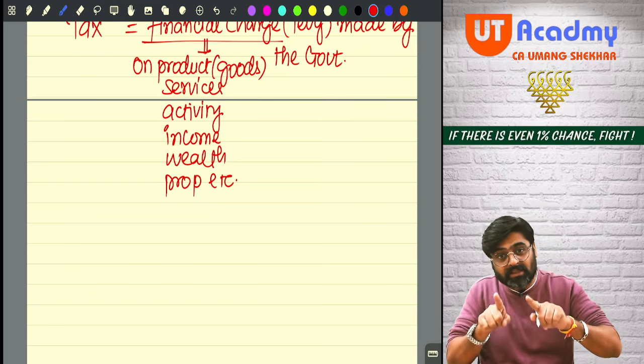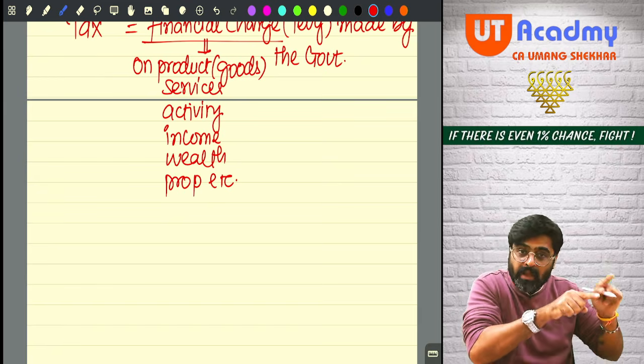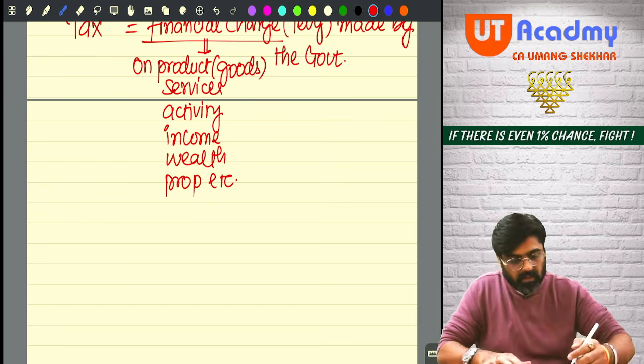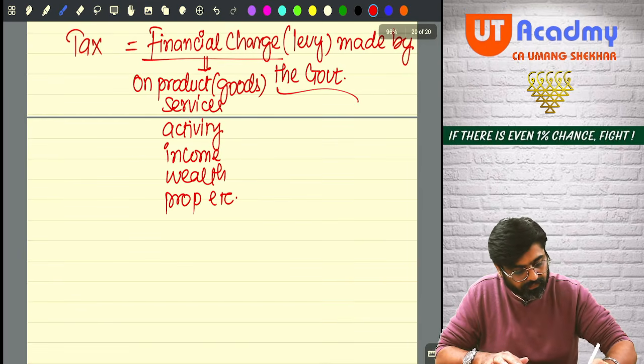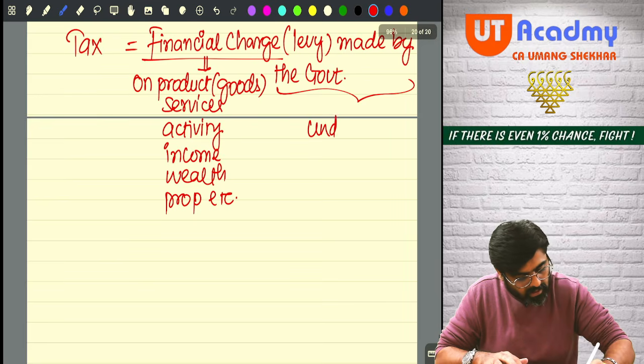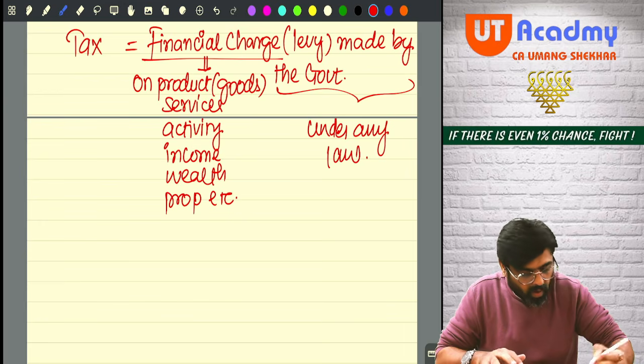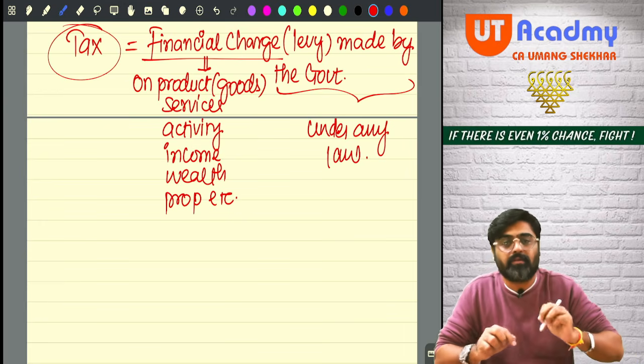But this financial charge will be created by the government under any law, only then it will be treated as tax.